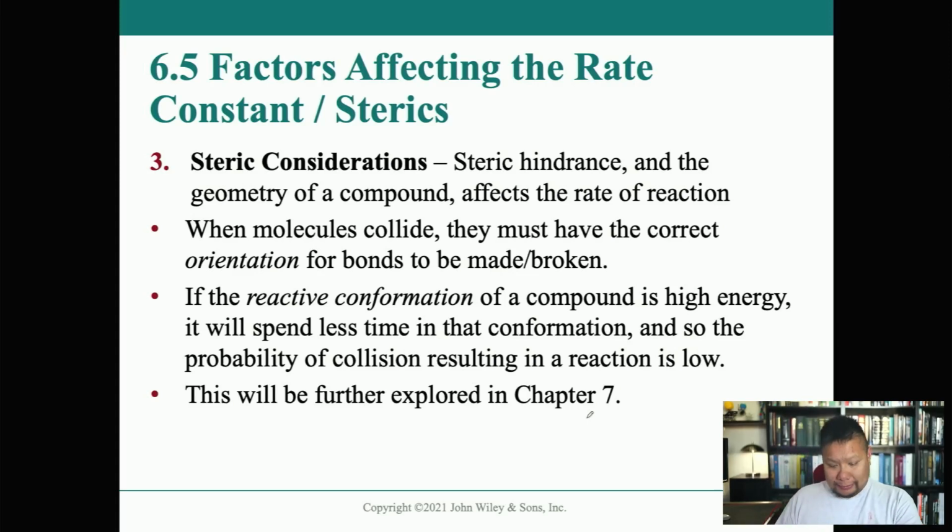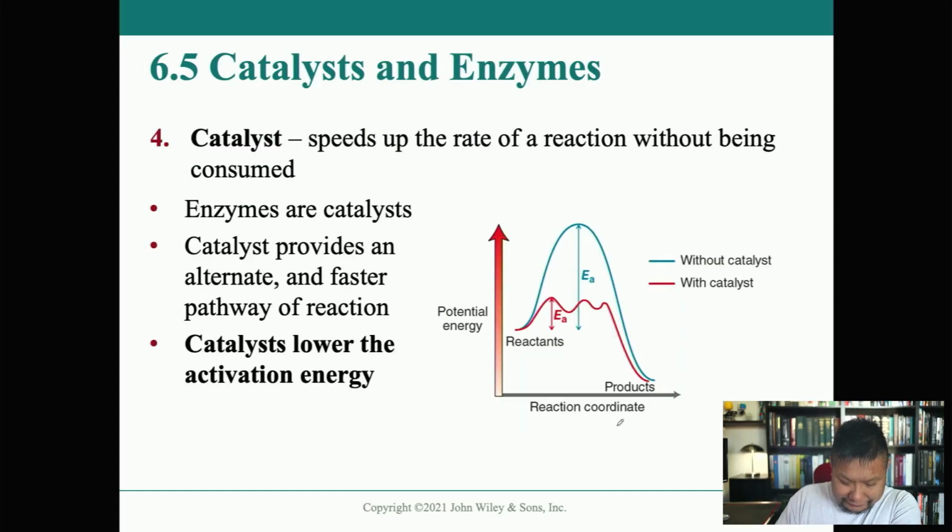Big thing to remember there. They have to be in the right conformations to collide with the correct orientation for bonds to be made or broken. We'll explore that further in Chapter 7, the next chapter, I think.